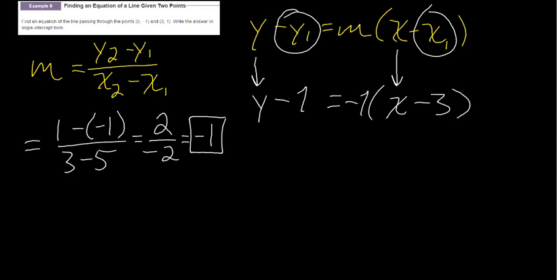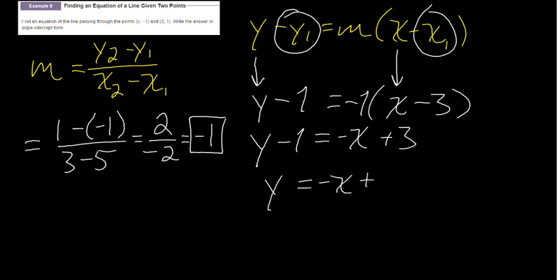We solve this, and we've got y minus 1 is equal to a negative x plus 3. We add 1 to both sides, and we have y is equal to negative x plus 4. So y is equal to negative x plus 4 is my answer in slope-intercept form.